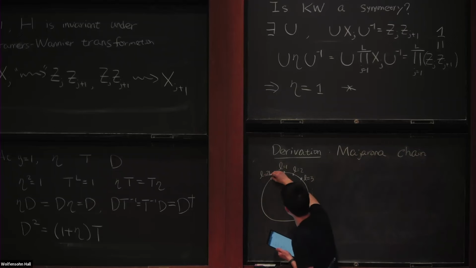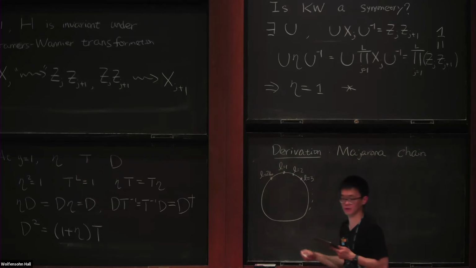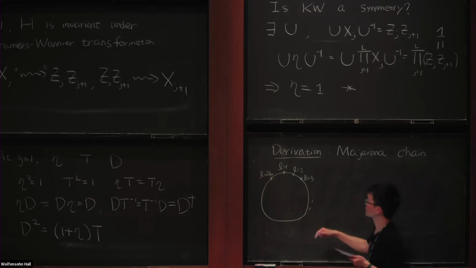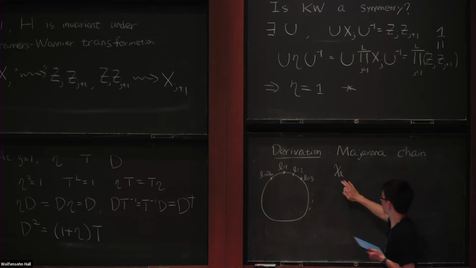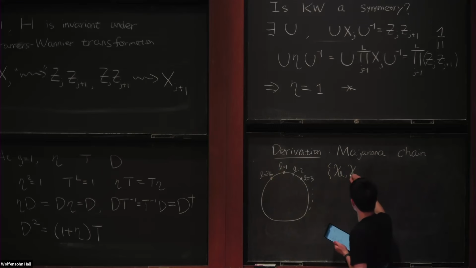Importantly, I'm going to work with an even number of sites. So here is 2L. So my number of sites is twice as large as the original Ising system. And on every site, we have a real Majorana fermion, chi, a real Grassmann variable, and they just obey the Clifford algebra.